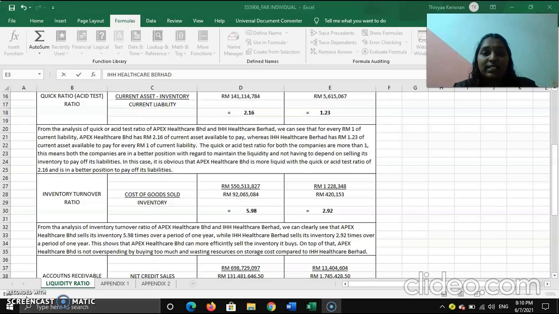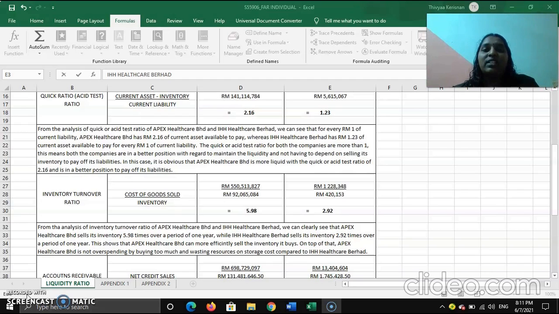The quick or acid test ratio for both the companies is more than 1. This means both the companies are in a better position to maintain liquidity and do not have to depend on selling inventory to pay off liabilities. In this case, it is obvious that APEX Healthcare Berhad is more liquid with the quick or acid test ratio of 2.16 and is in a better position to pay off its liabilities.